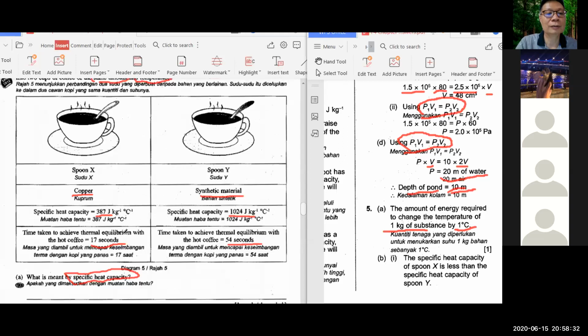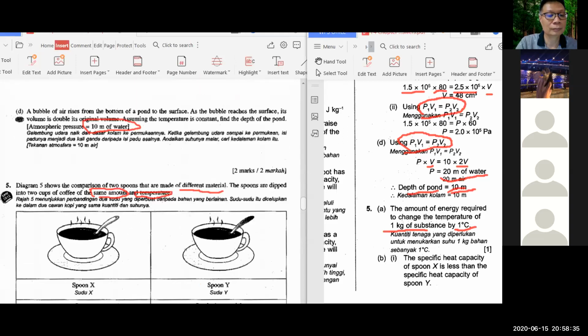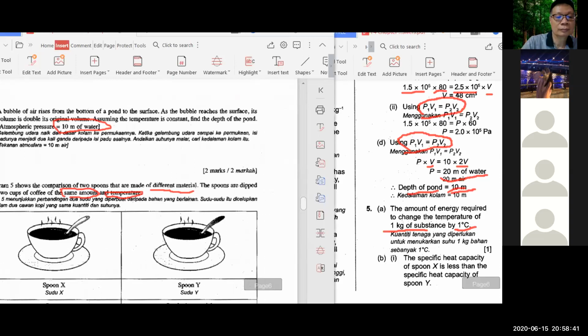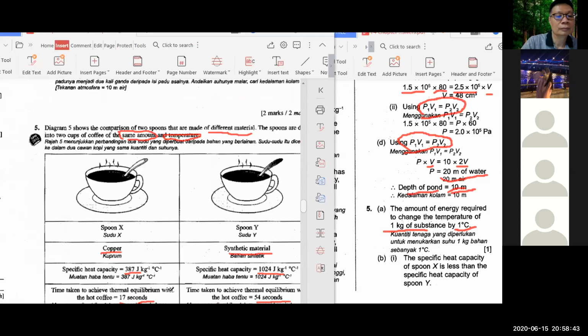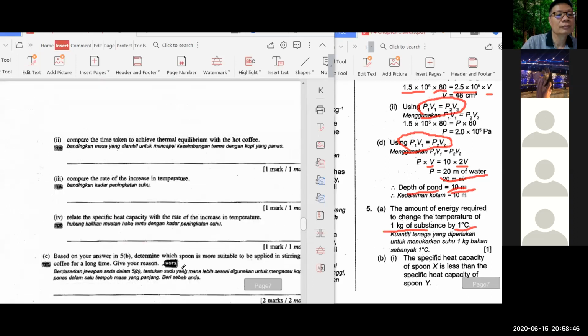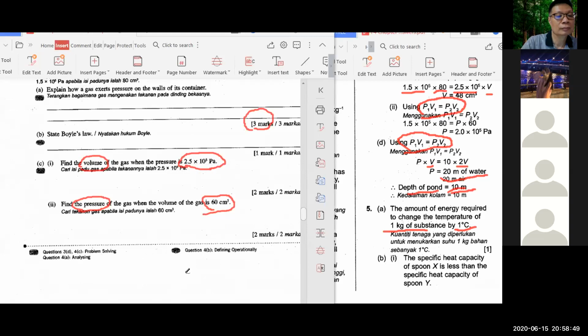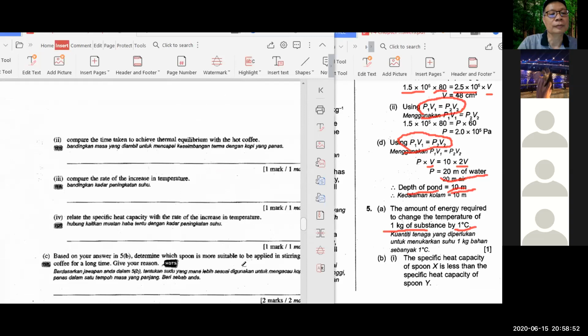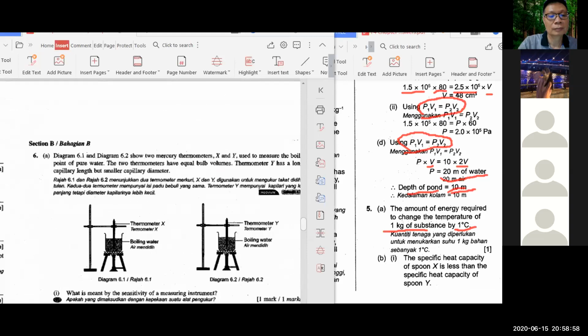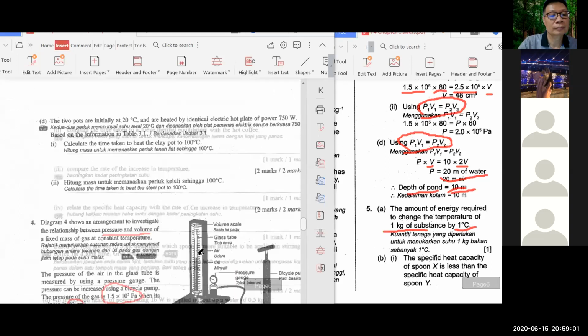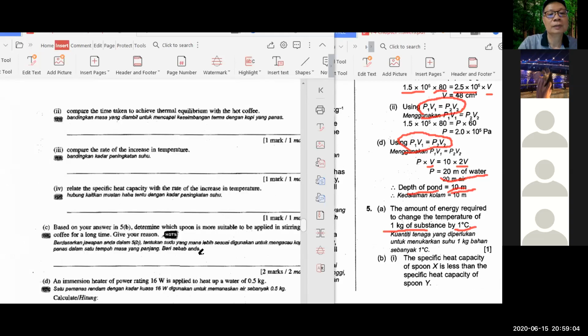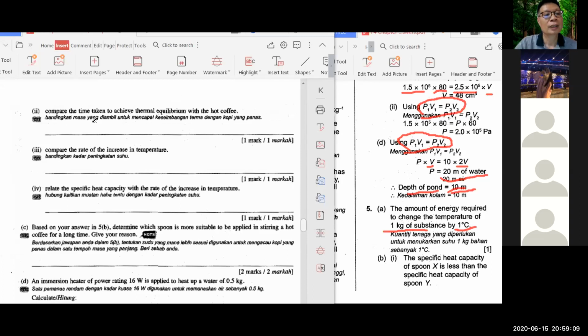Okay, next one. Still compare, you read the question. Compare the time taken to achieve thermal equilibrium, also given in the question.